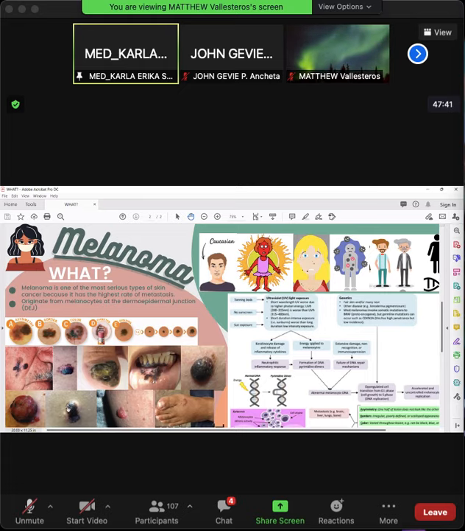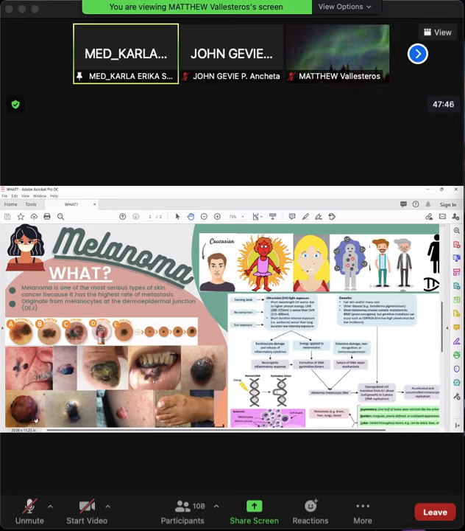Next one is the polypoid melanoma, which presents as a pedunculated tumor, and it does not appear to descend for any appreciable distance into the dermis. Next one is the desmoplastic melanoma, which most often occurs on the head or neck of older men, and often within a subtle lentigo maligna. Next, as you can see, is the amelanotic melanoma.